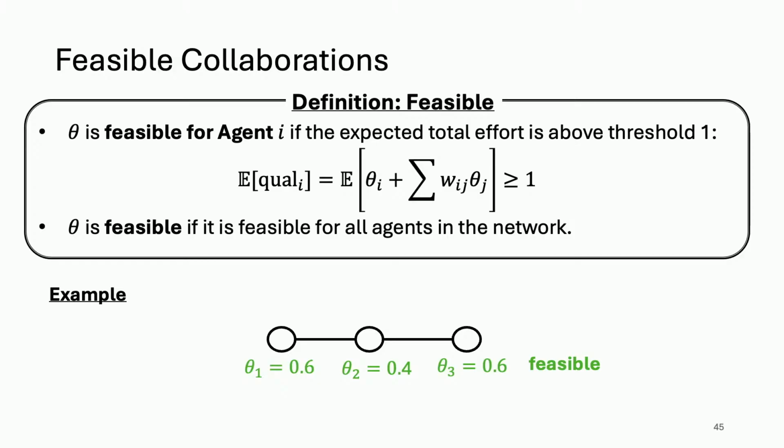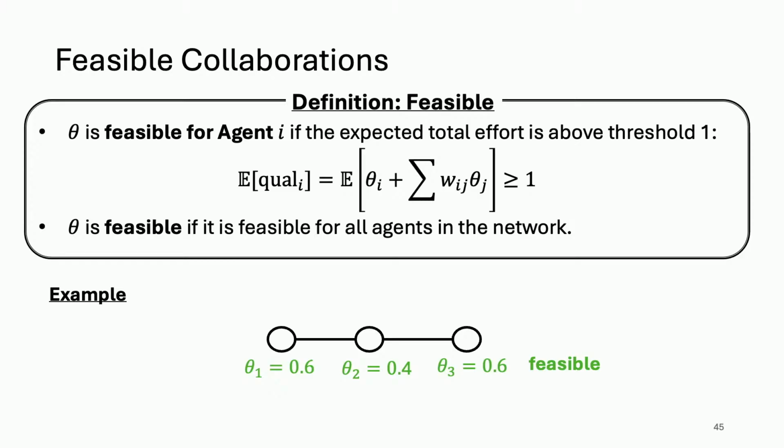So for example, if we just consider this line graph with 3 nodes, and suppose the agents have full information. As I said, they know the structure, they know where they are, and they know what others will contribute.